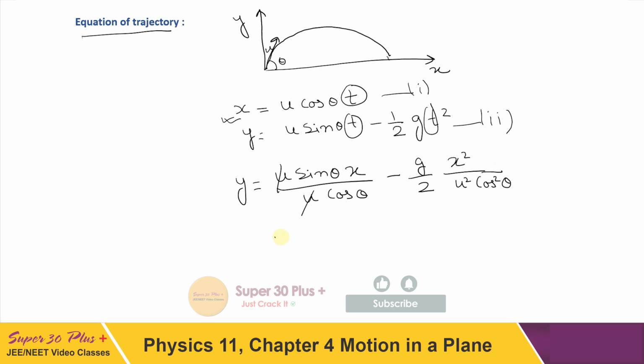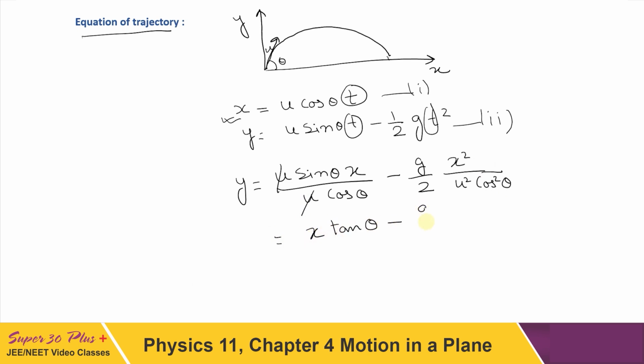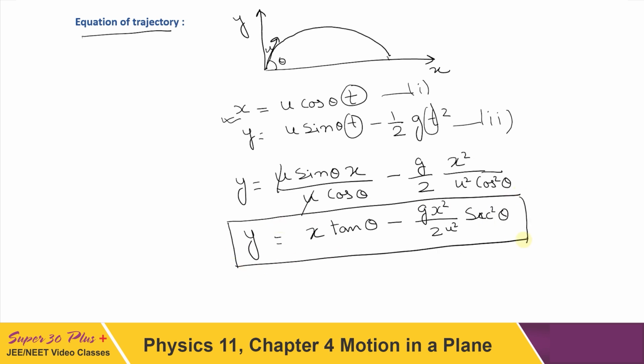These two got cancelled, which is x tan theta minus g x square by 2 u square sec square theta. So this is how equation of trajectory is obtained. Now if in a question at any moment of time x coordinate is given there, we can calculate directly with the help of this formula the y coordinate and vice versa.